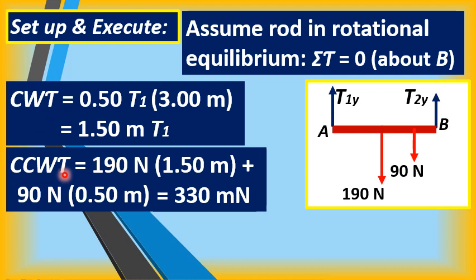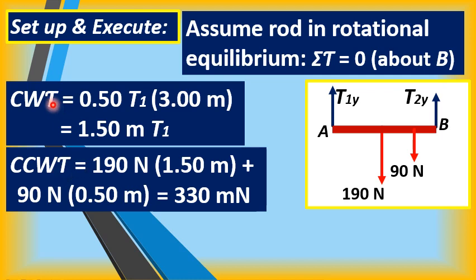So we avoid saying that CWT is the clockwise torque and CCWT is the counterclockwise torque, because that would imply that we are describing the direction of the torque to be in a clockwise direction, and for CCWT, as if we are saying that the torque is directed in counterclockwise direction.